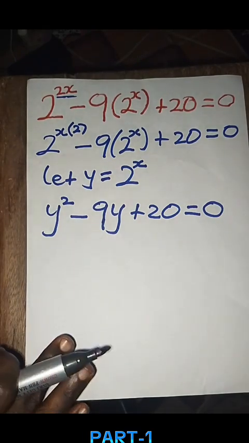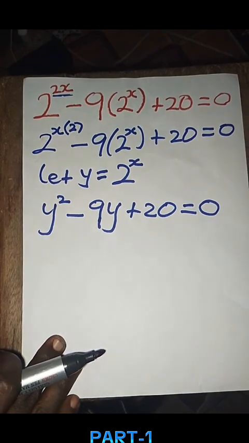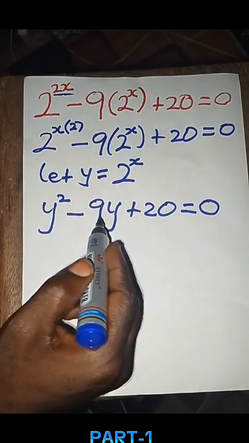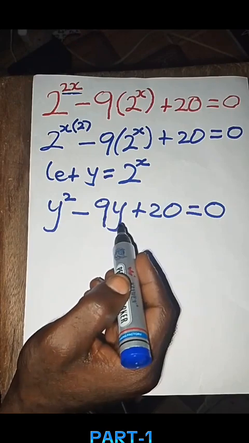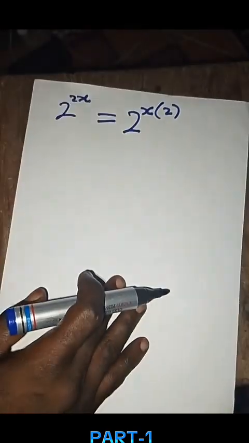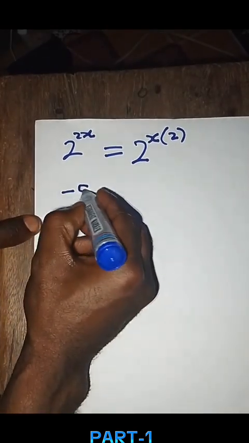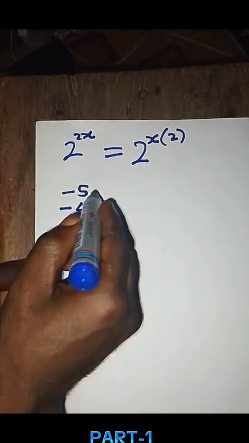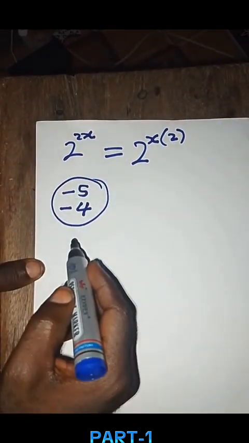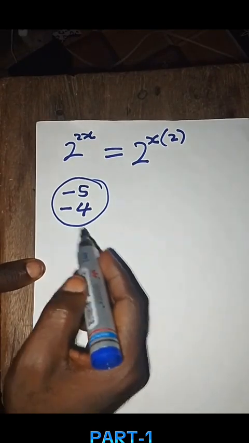So what do we need to do here? We have to take two numbers that if we add them, we have 9, and if we multiply them, we have positive 20. All right. So let's take minus 5 and minus 4. Because those are the only two numbers that if we add, we get 9, and if we multiply, we get 20.